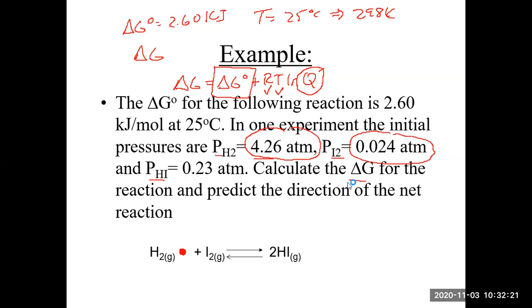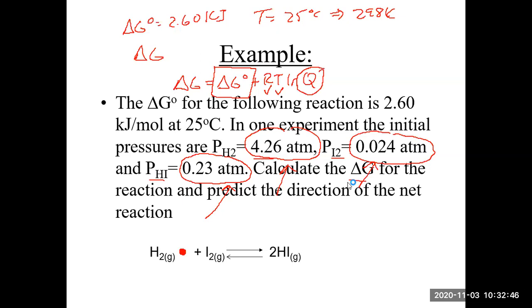Standard pressures would be 1 atmosphere, which obviously this is not. So this is the part of the problem that is the non-standard conditions, those pressures. The temperature is still 25, so that's all good. But what makes it not standard conditions is that the pressures of each of those gases are not 1 atmosphere.